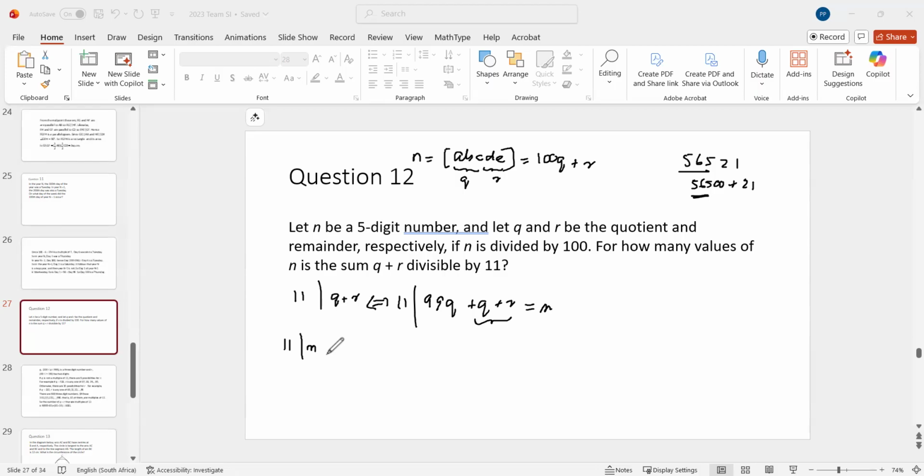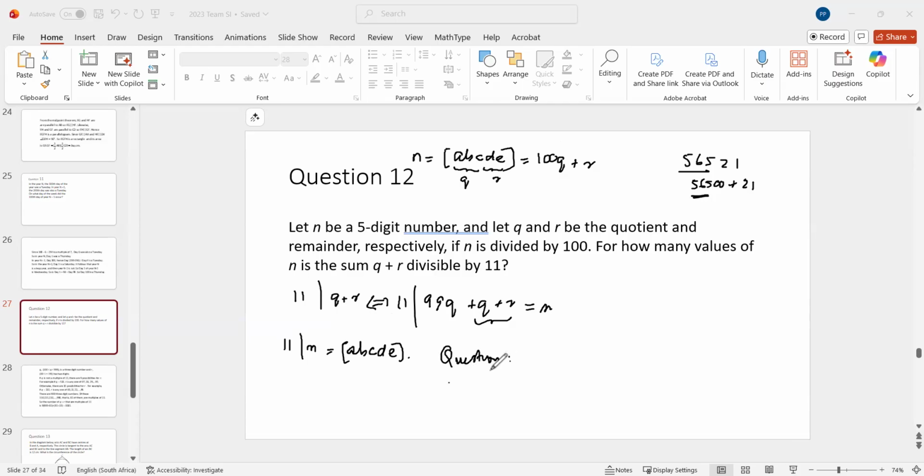So we want to know for how many values of n is this true? And what is n? N is a 5-digit number. So the question can be translated as follows.